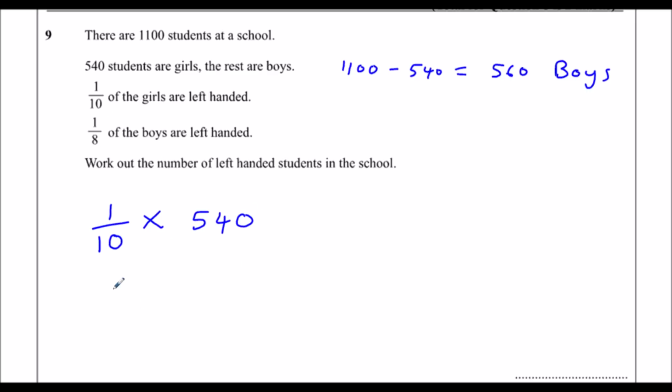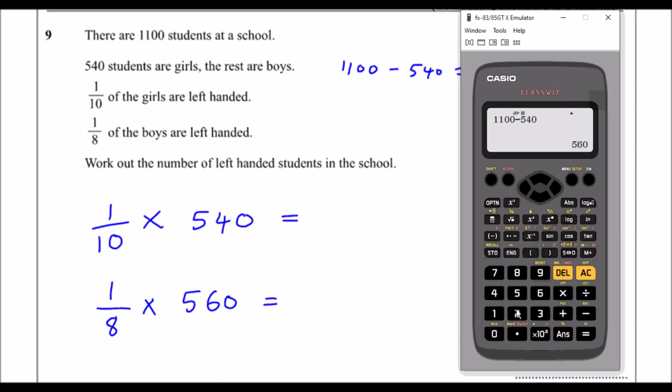And 1/8 of the boys, 1/8 times the number of boys. So we can just type these in the calculator and find out how many left-handed girls and how many left-handed boys there are. So 1/10 of 540 is 54.